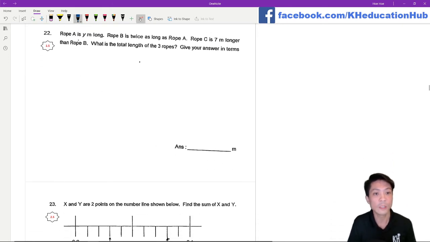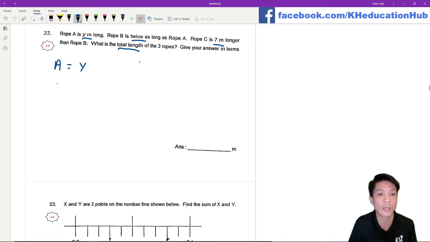Question 22. Rope A is Y meters long. Rope B is twice as long as rope A, and rope C is 7 meters longer than B. Find the total length of the 3 ropes. Okay, so we're gonna write A is equal to Y. B is twice as long as A, which means that it will be 2Y.